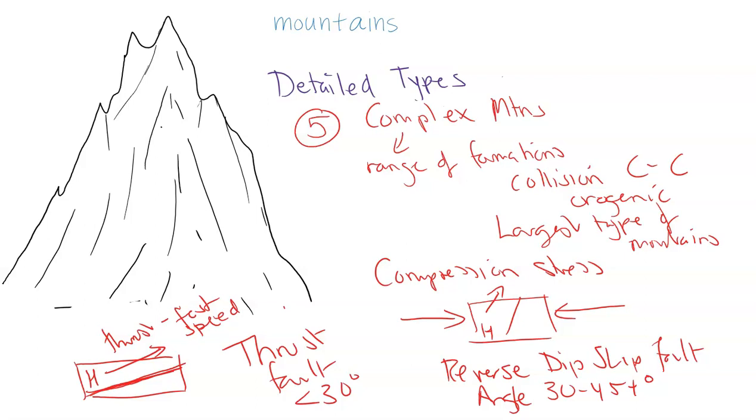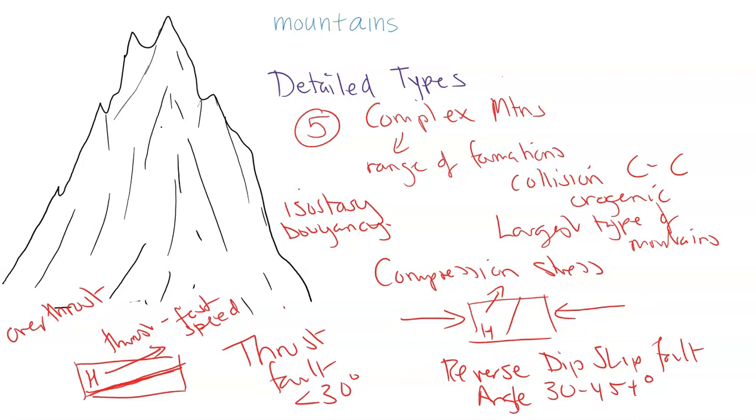Therefore, it can build on itself and overthrust a lot easier in this situation, thus building a larger mass of mountain and increasing the root as well due to the principles of isostasy and buoyancy. If you want to check out those two terms, I have videos for that. Check out in the top right corner for the suggestion video. It's awesome. And you get these very large mountain ranges.